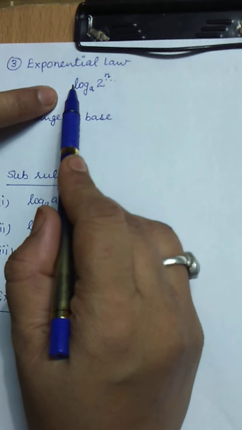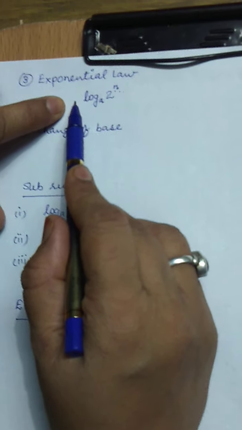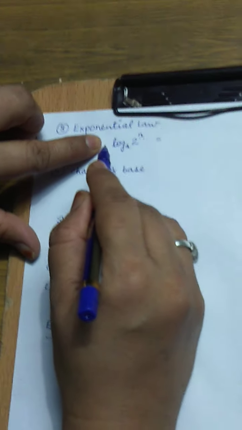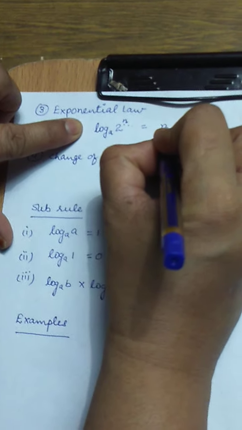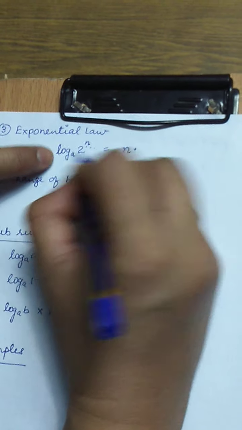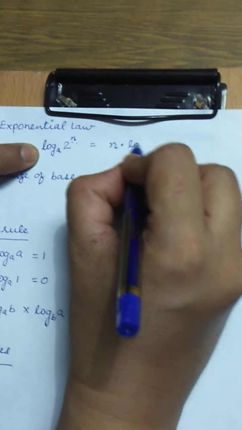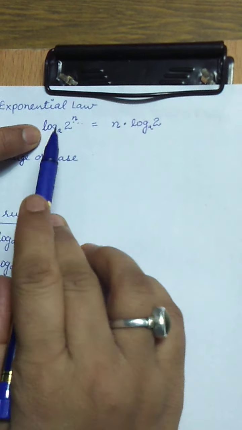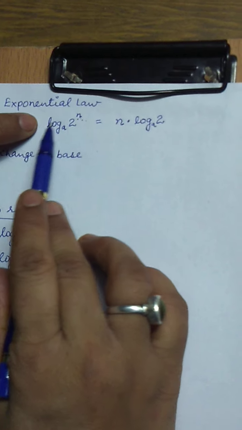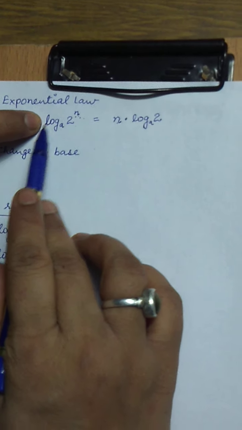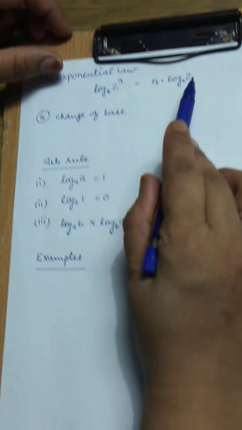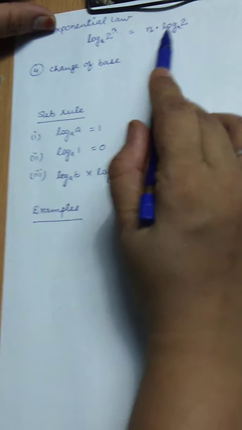What is its result? The exponent gets multiplied, and the log form remains as usual. So this exponent is multiplied here and the leftover log is here. So its result is n log m to the base a.